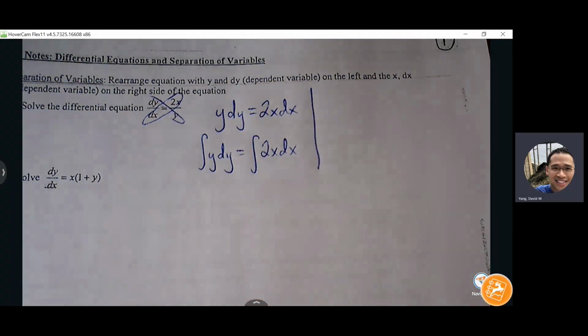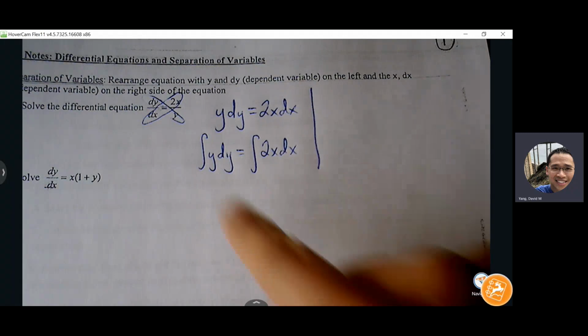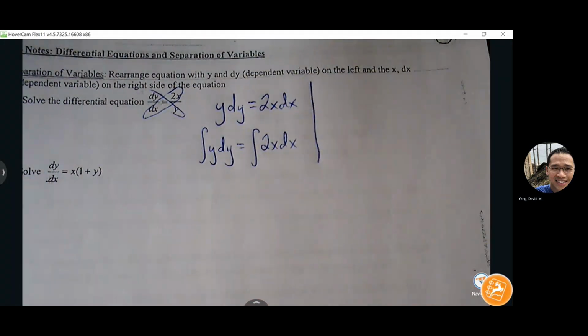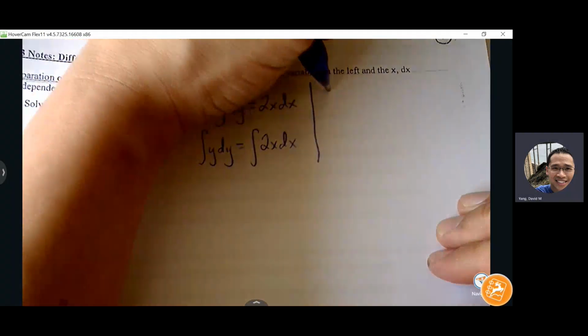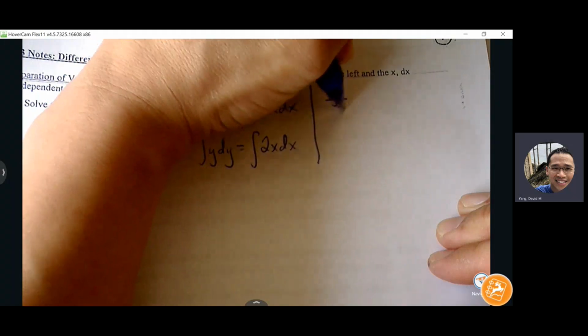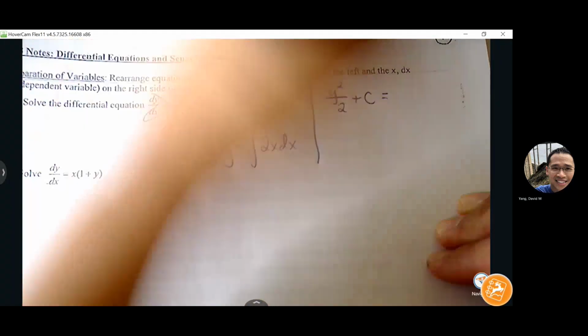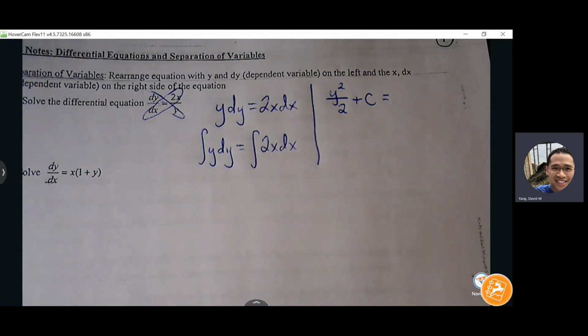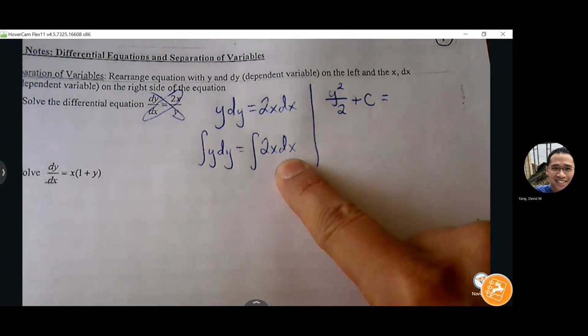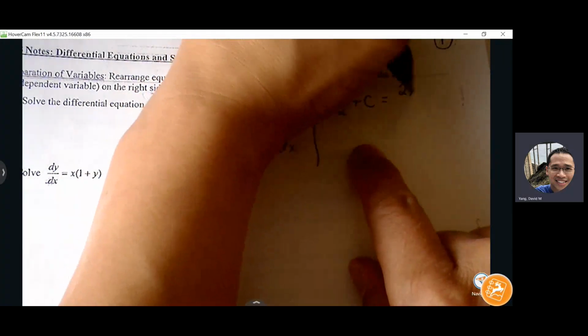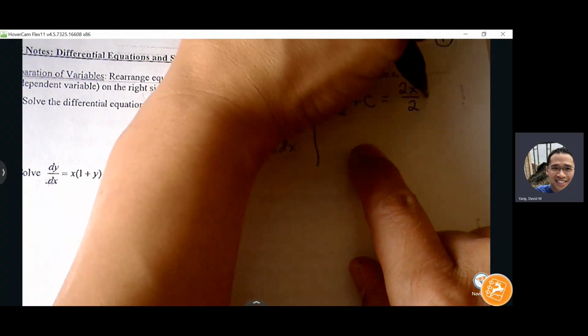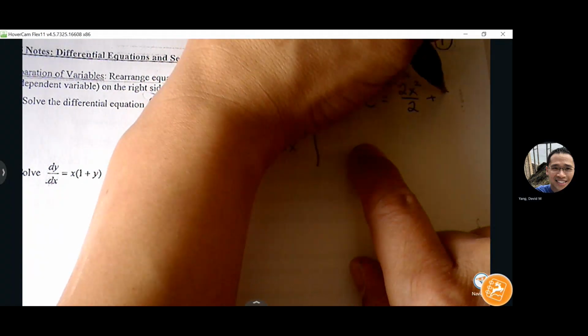Okay. So what's the antiderivative of y? y squared over 2 plus c. On the right side, 2x dx. What does that become? 2x squared over 2, and then plus c.